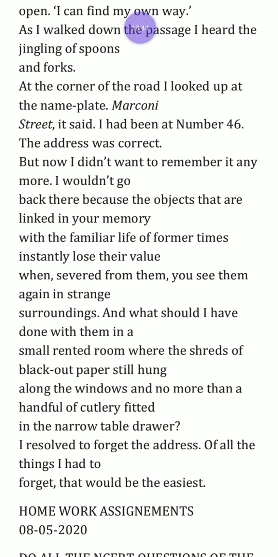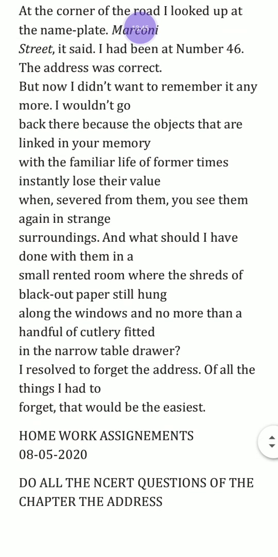I would not go back there, because the objects that are linked in your memory with the familiar life of former times instantly lose their value when severed from them, and you see them again in strange surroundings.